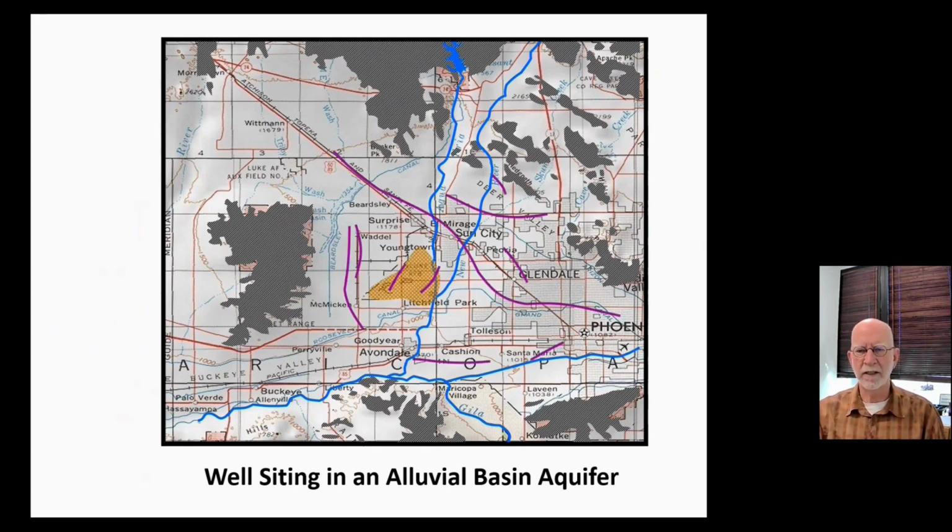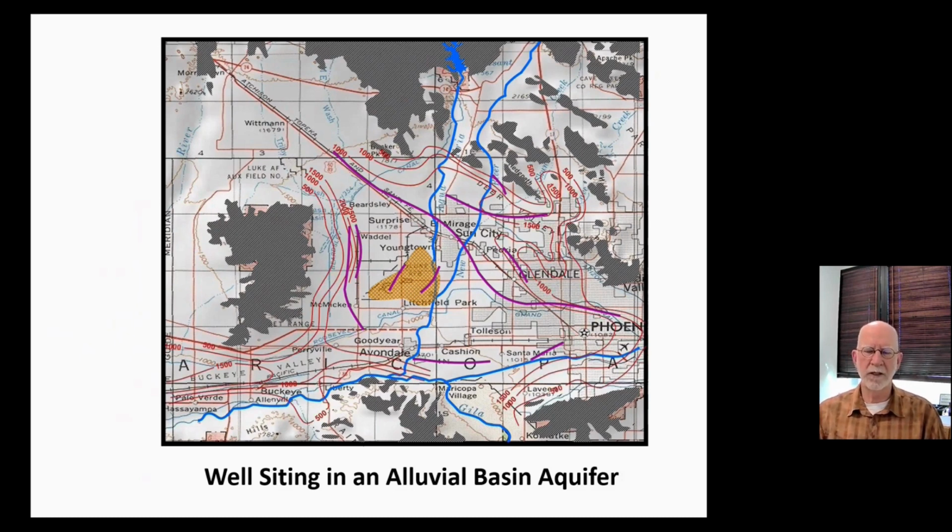And the USGS, fortunately for us, has gifted us with some mapping. So we know that these purple lines represent faults down towards the middle of the basin and stepping up towards the edges. And that orange shaded area, that's a salt body. We have a little salt dome in the west part of the Phoenix metropolitan area.